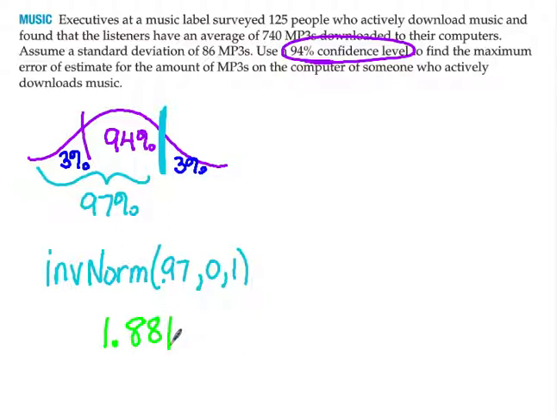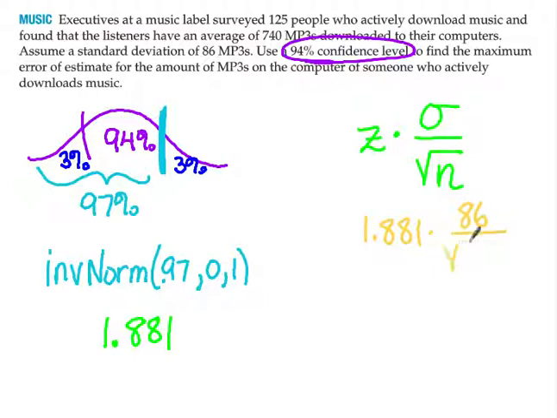1.881. Very good. So now that's the value I'm going to use. Remember from the slide before, I'm going to take z times the standard deviation divided by root n. So in this case, 1.881. What's the standard deviation? 86 divided by root 125.